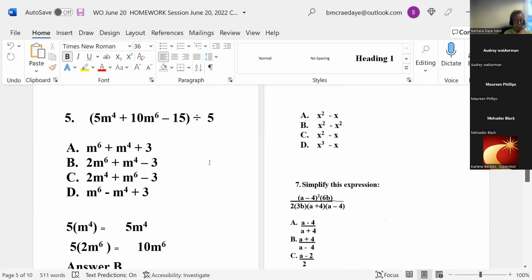Now, once you get familiar and you say divide by 5, you say 5 and the 5m to the fourth is just what? m to the fourth. 5 in the 10 is 2, so that's just 2m to the 6, right? And then 5 in the 15 is a minus 3. Once you do enough of these, you're able to do it term by term without even writing it down.